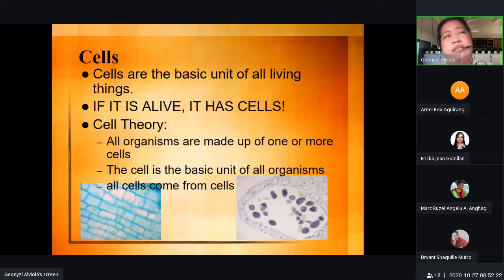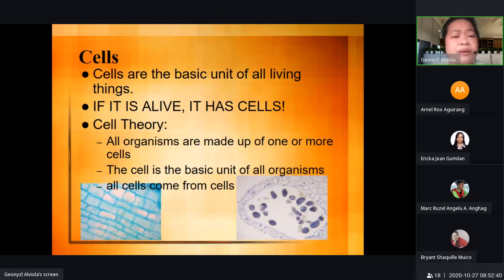That's why tinawag siya na the basic unit of life. It can live on its own. Either it can be a social group of cells or a unicellular cell. And all living organisms are made up of cells.